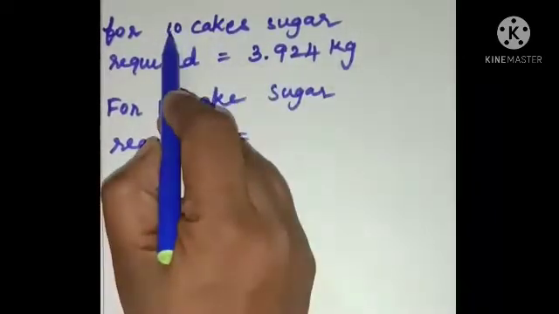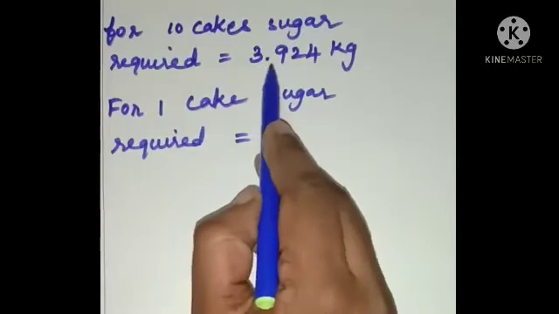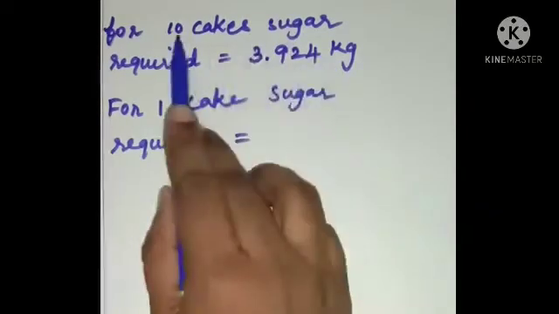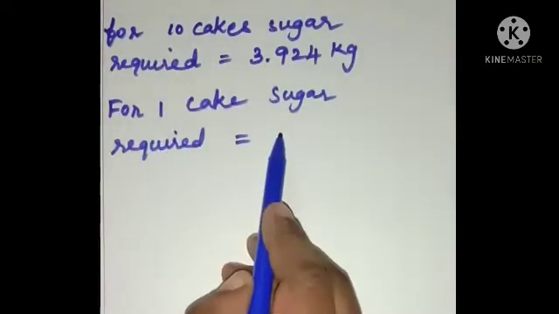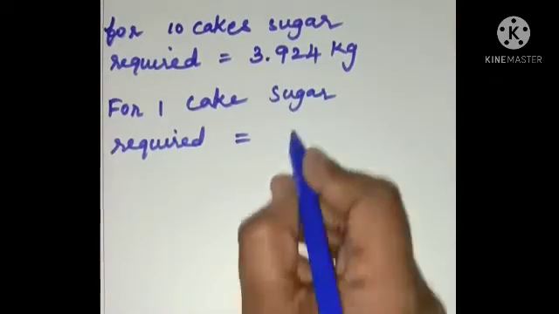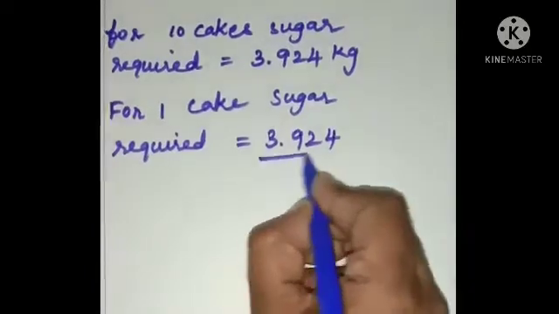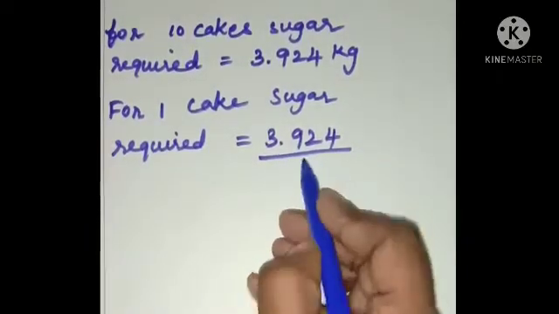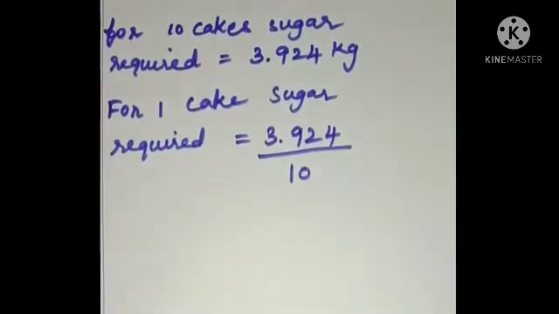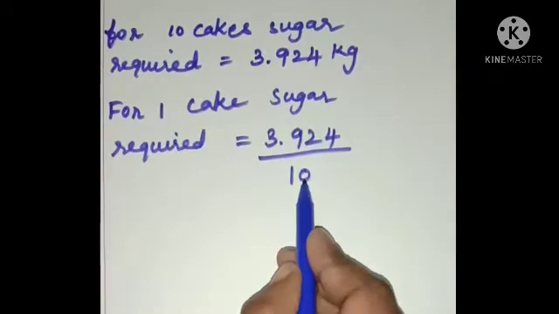Isn't it? For 10 cakes, the sugar required is 3.924 kg, means for one cake, what will be the required value? Yes, we have to divide 3.924 by 10.